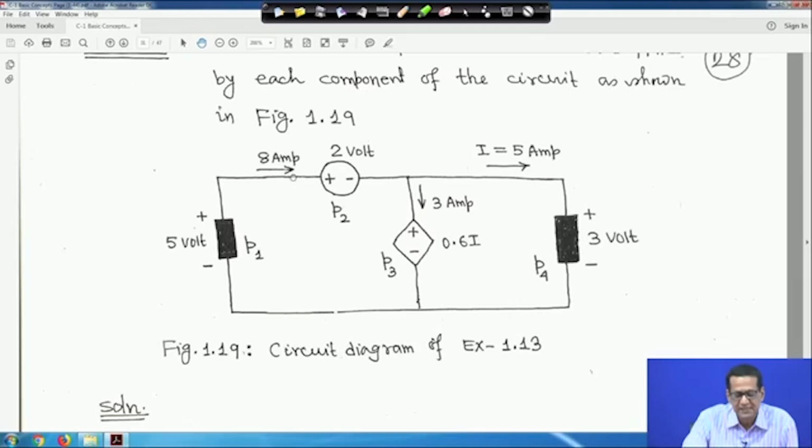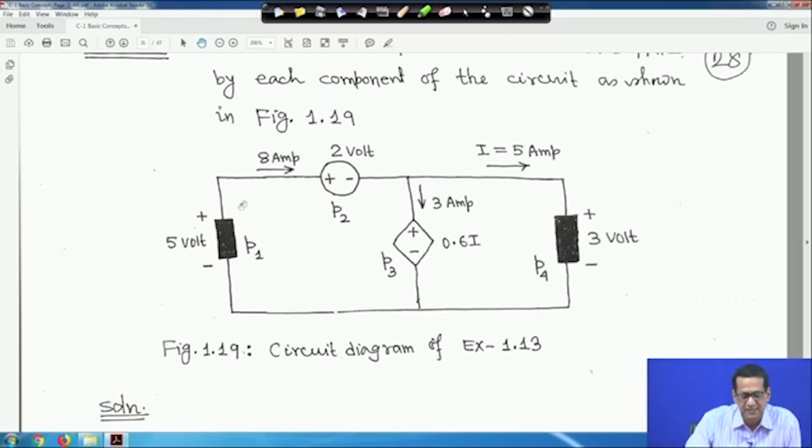Now, look at this 8 ampere current. Let us start from the element whose voltage across it is 5 volt. We have to find out whether P1 is power supplied or absorbed.